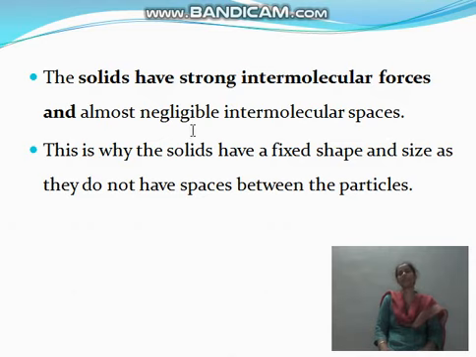There is almost negligible intermolecular space in solids. This is why solids have a fixed shape and size, as they do not have space between the particles.